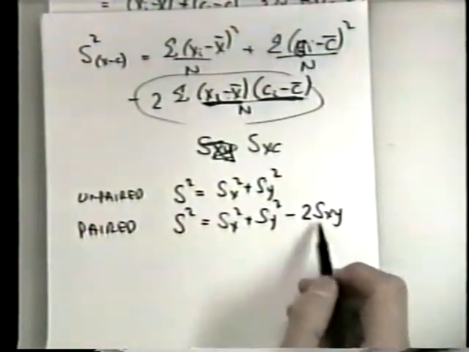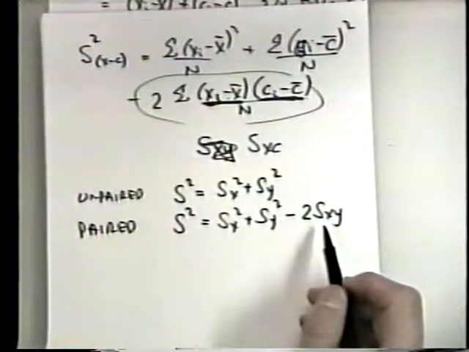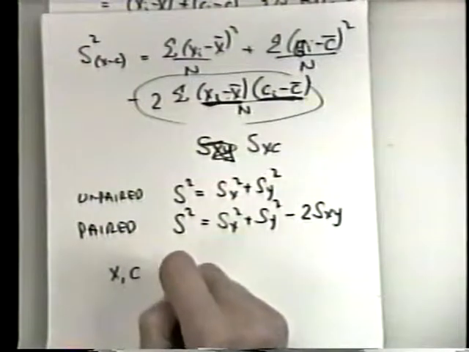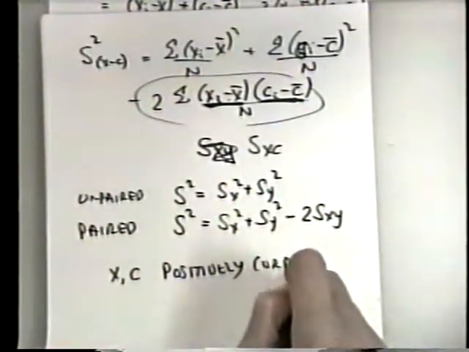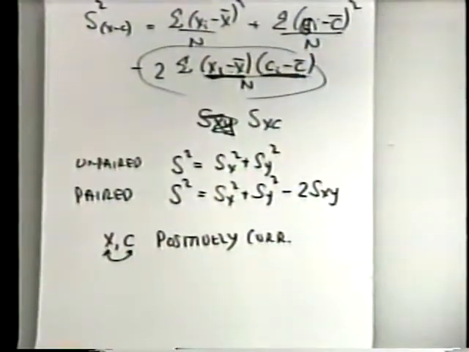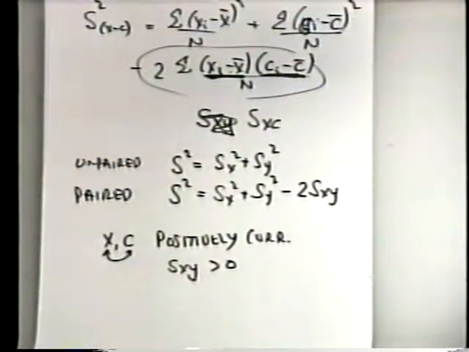And this correlation, remember, is the fact that Fred is Fred, whether he's drunk or not. Now, let's say that the experiment and the control group are positively correlated, which is what I just said. Fred is still Fred. If there's a positive correlation between each experimental and control subject, then SXY will be greater than 0.